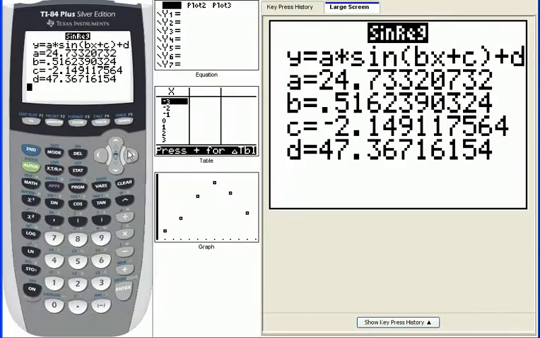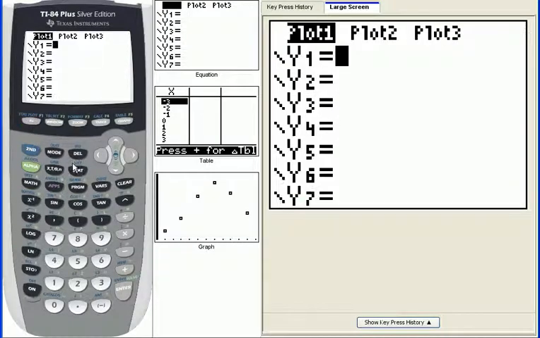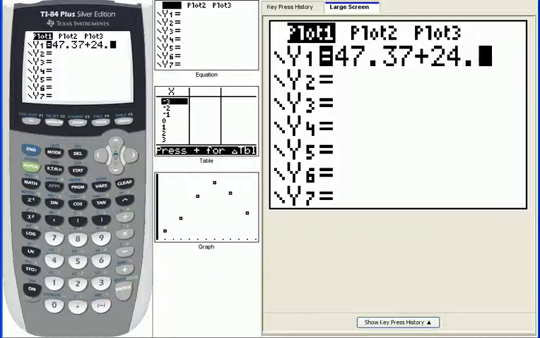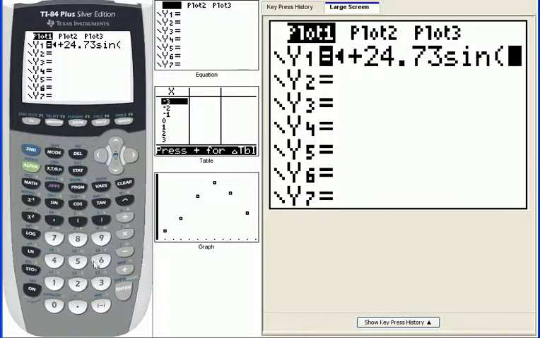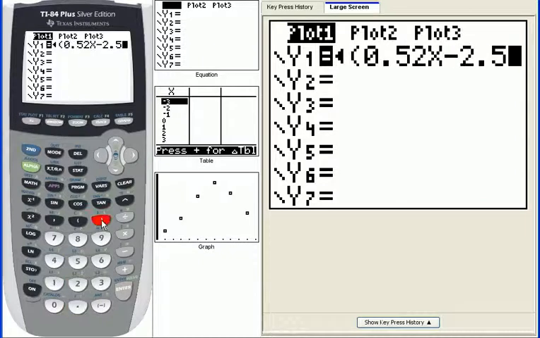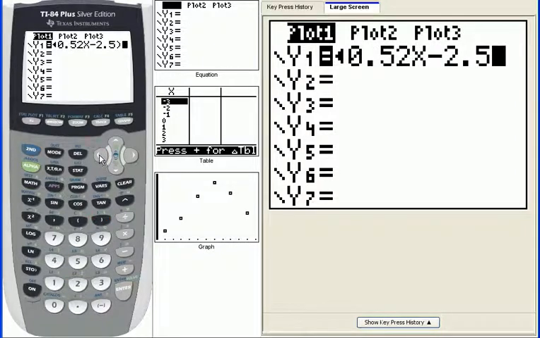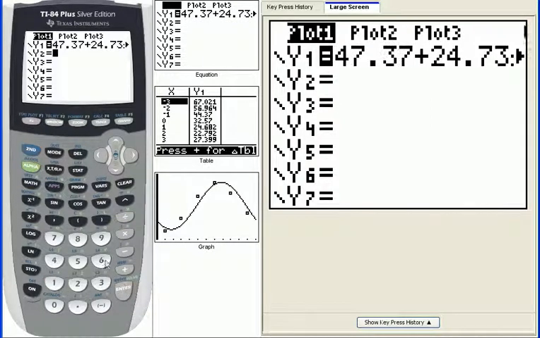So if we go to y equals, and we type in 47.37 plus 24.73 sine of, and in parentheses 0.52x minus 2.15, whoops, forgot the 1 here.